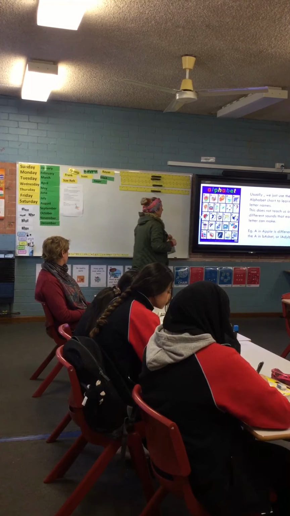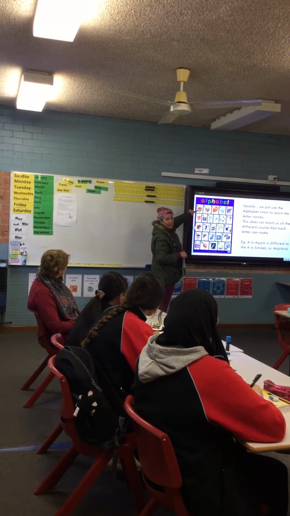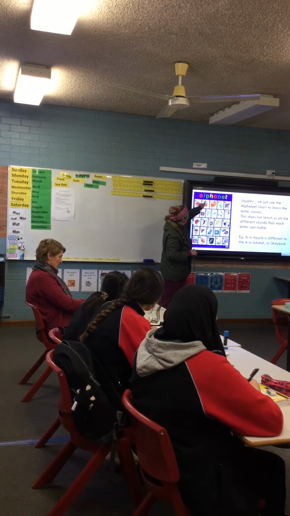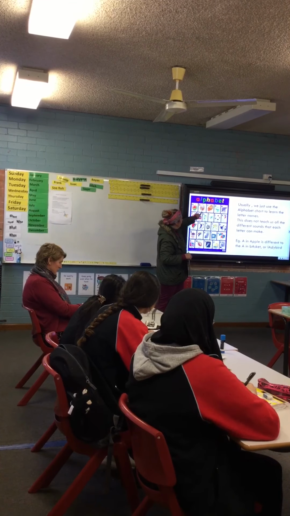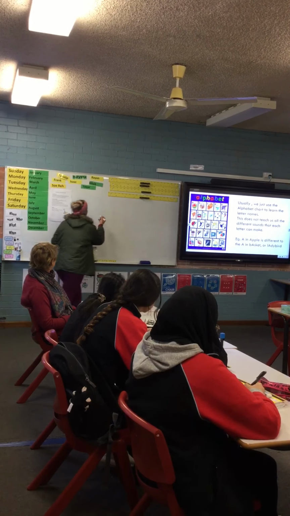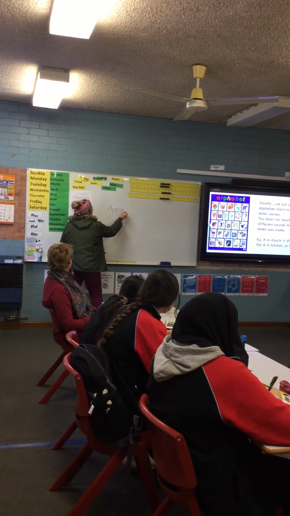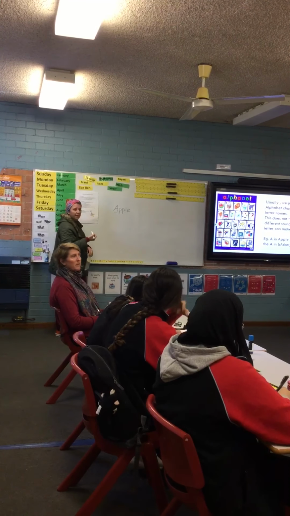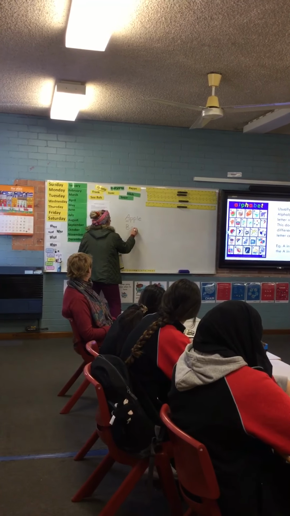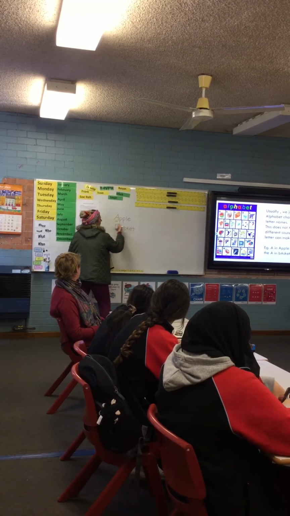For example, what is this word here? A, like in apple. But here, what's this? Does anyone know what this is? A basket. So that's got an A in it as well. I might draw it up here to show you what I mean. So we've got A like in apple. What's the sound that A makes here? Good. A like in apple. But then we also have A here in this word. What's this word? Basket.